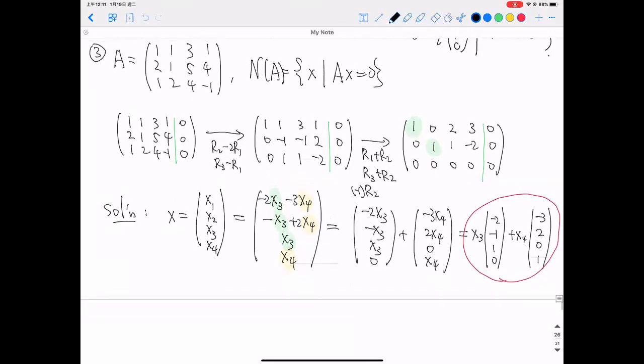Therefore, this null space is the span of these two vectors. Okay, very well.